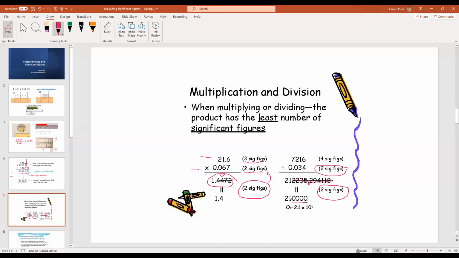And this number has 2 significant figures because as you don't have a decimal point, these are trailing zeros, not significant. You can express the answer using this or you can use scientific notation this way.